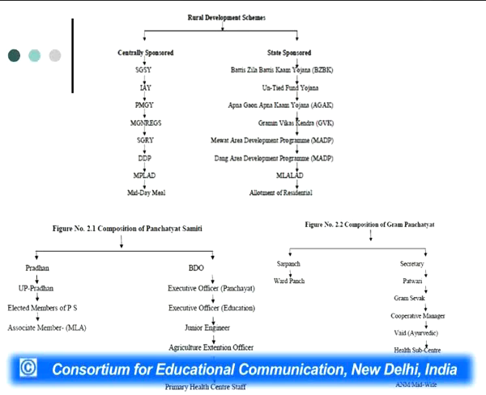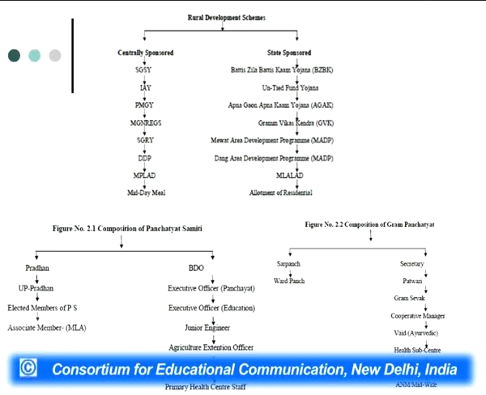Now there is a composition as the 73rd Amendment has empowered. There is a panchayat samiti at the tehsil level, where there are elected representatives including pradhan, up-pradhan, and panchayat samiti members. And then there is also an executive structure, from the executive officer to the primary health center, veterinary doctor, and junior engineer, what we call JTO.